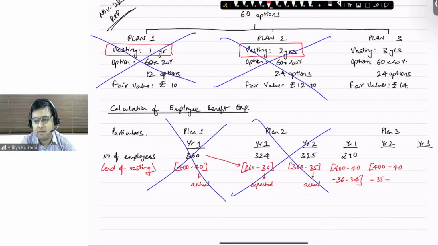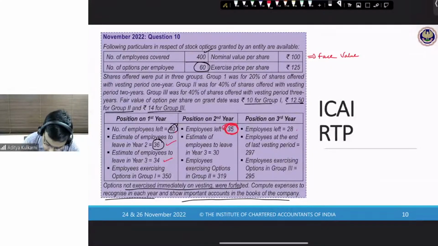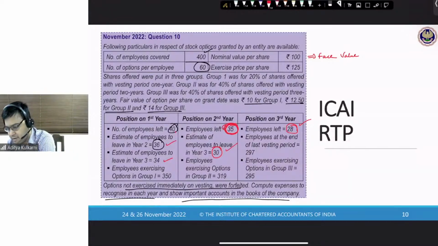And plan 3 year 2. I have to estimate the number of employees that will remain at the end of year 3. So year 2 के case में, will I consider 28 or will I consider 30? जरा सोच के जवाब दो.